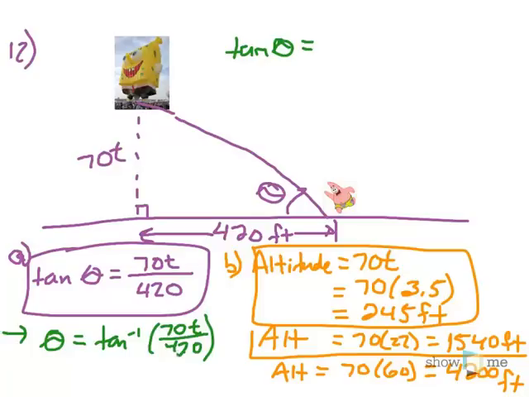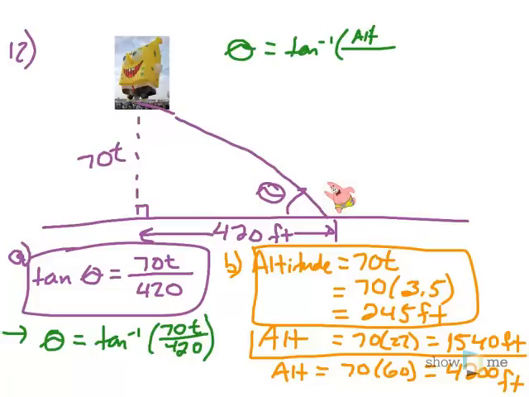Therefore, just to make it simpler, because I don't have a lot of room, I could say that theta is tangent inverse of my altitude, that's what 70t is, divided by 420.